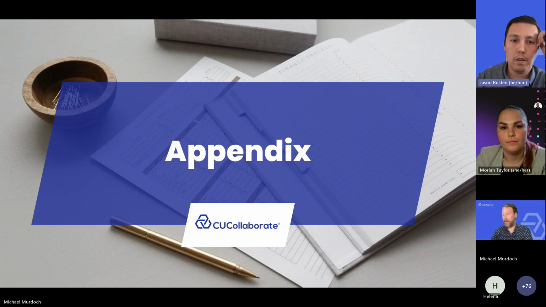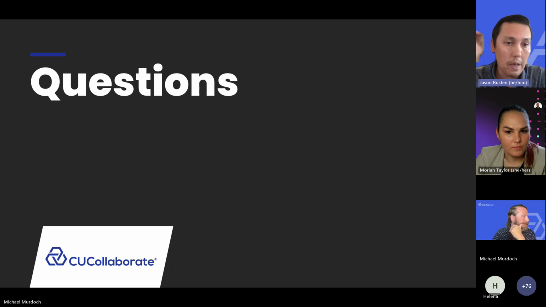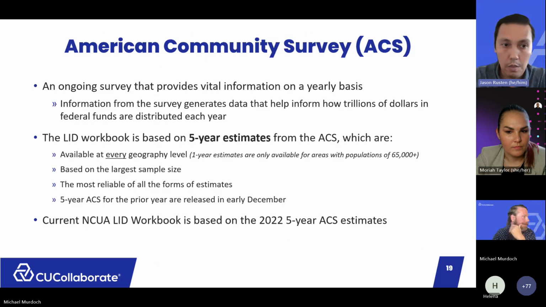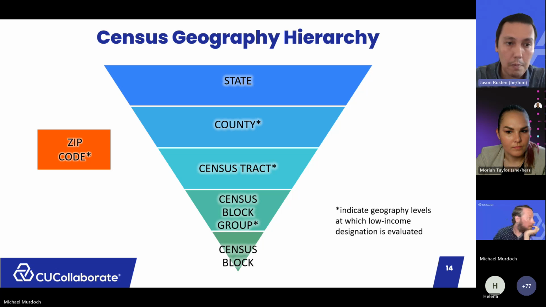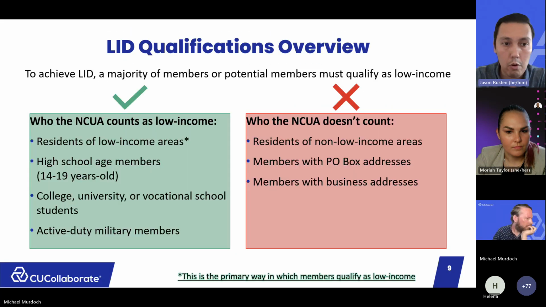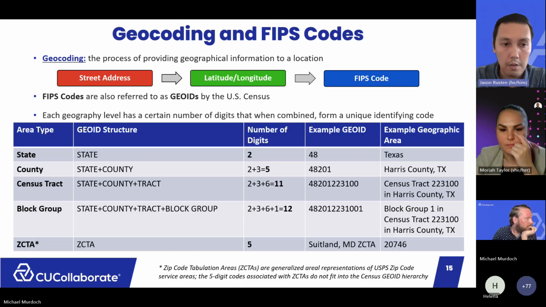What we would do is, here, I'm trying to find the slide that had geography. In that case, we would first want to understand the boundaries of that geographic area. So if it's a set of, let's say, 3 counties, we would take a look at the population of those 3 counties, look at the NCUA LID workbook, see if any of those counties are LID, and then figure out the LID population at the county level.